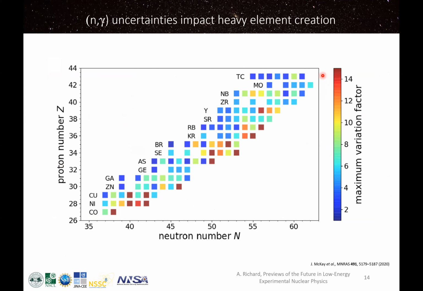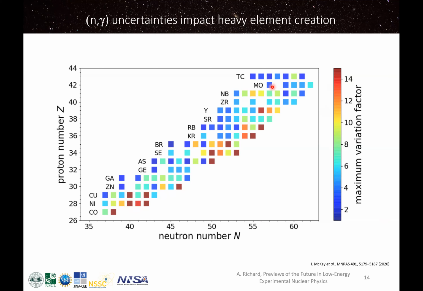And in this i process sensitivity study, what they were doing was actually the exact same TALYS calculations I just mentioned, where they're actually varying all the different level density models and gamma ray strength function models to figure out this maximum variation factor. And so this is the ratio between the lowest cross-section you get and then the highest cross-section that you get. And so what we can see is that there are a lot of these red boxes that are shown here, showing that they have this sort of very large maximum variation factor.